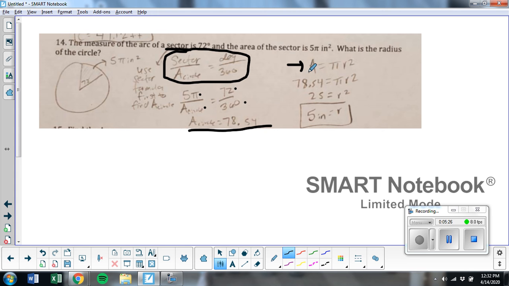This was the area, so that gets plugged in, equals pi r squared. Now remember, r is your variable, so divide by pi. You get about 25. To get r by itself, remember you want a square root to get rid of squared, so that gives you 5 for a radius.